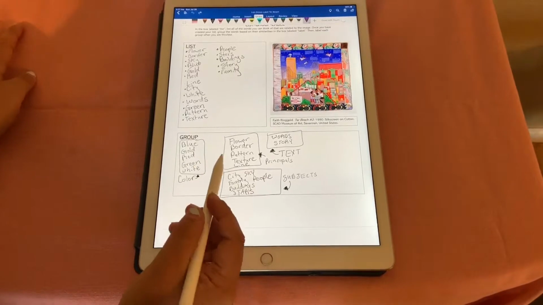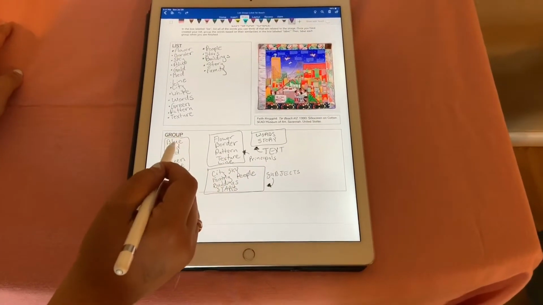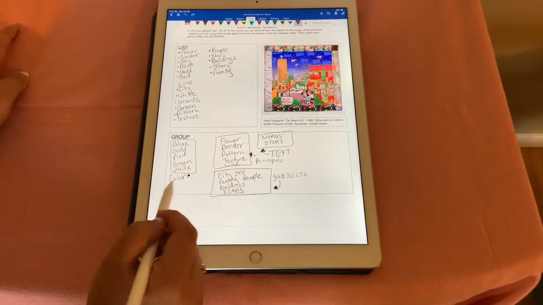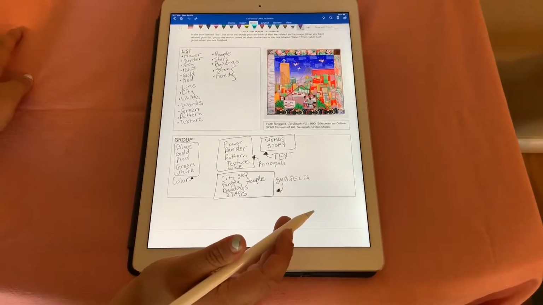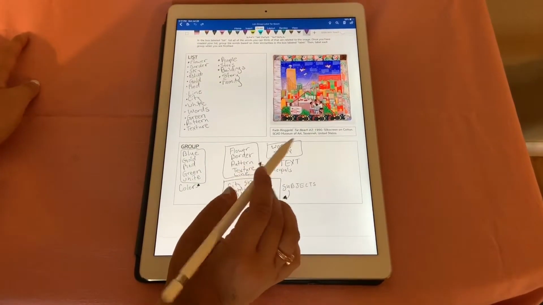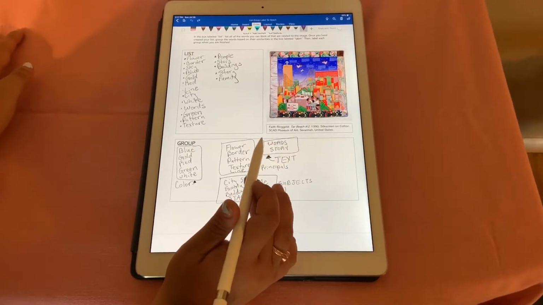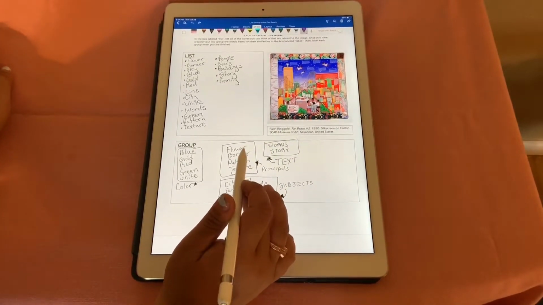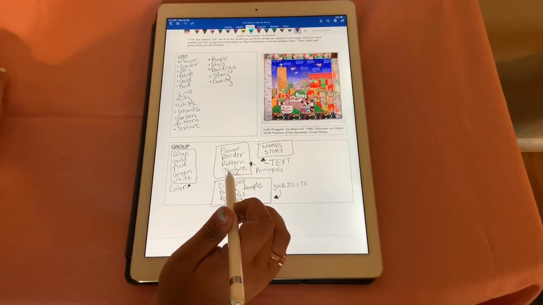Whenever he went to group the things, he put blue, gold, red, green, white together. Those are all colors, so that works. He's got his other group over here, principles of design. With this one, he has flower, border, pattern, texture, and line all put together.